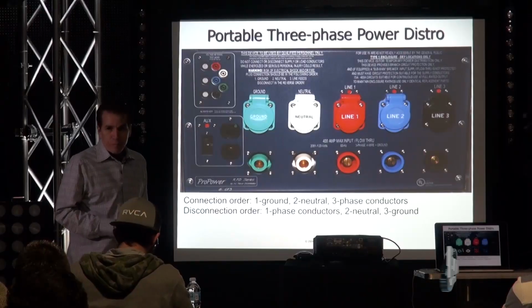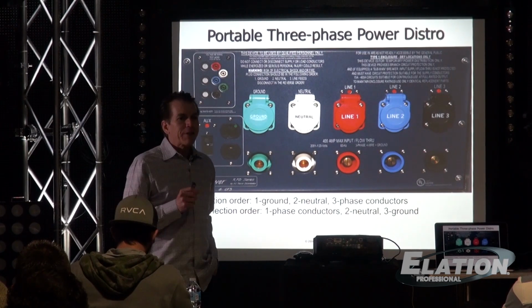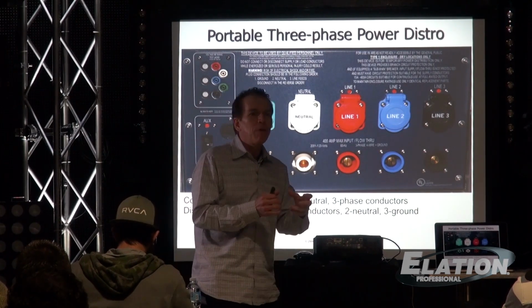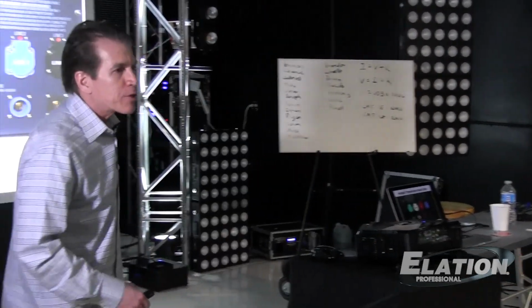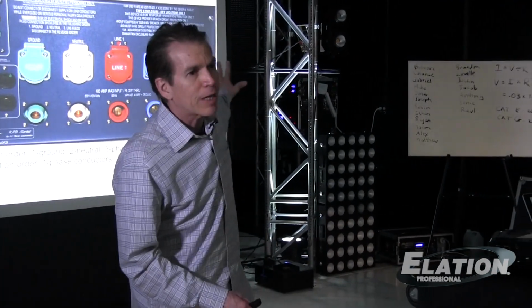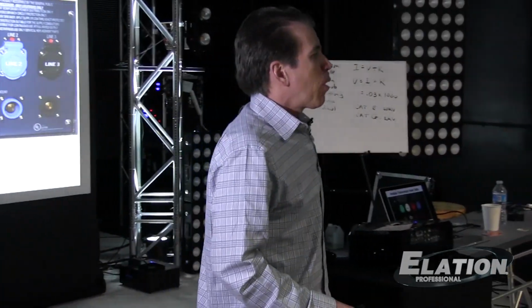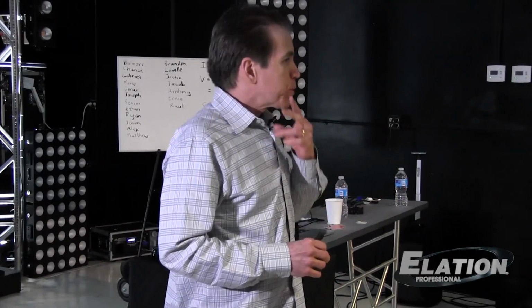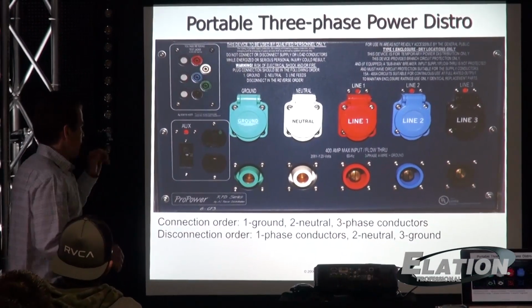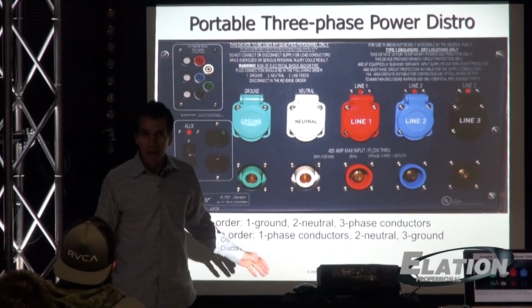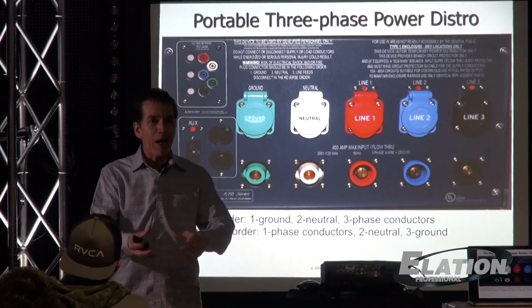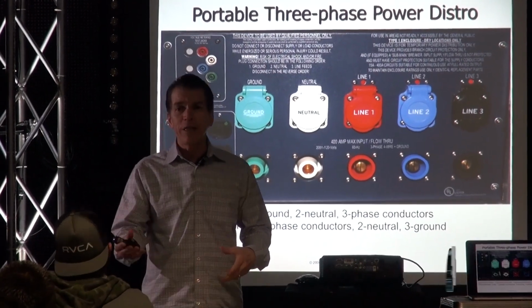So now, for portable applications, once you connect your feeder to the switch, the other end of the feeder you're going to connect to portable power distro that looks kind of like this. If you are in a permanent installation like a church or a theater, then you probably won't have one of these things. Instead, the feeder cable will go through conduit or pipe, you know, electrical metallic tubing, EMT, and then it'll go to a panel.